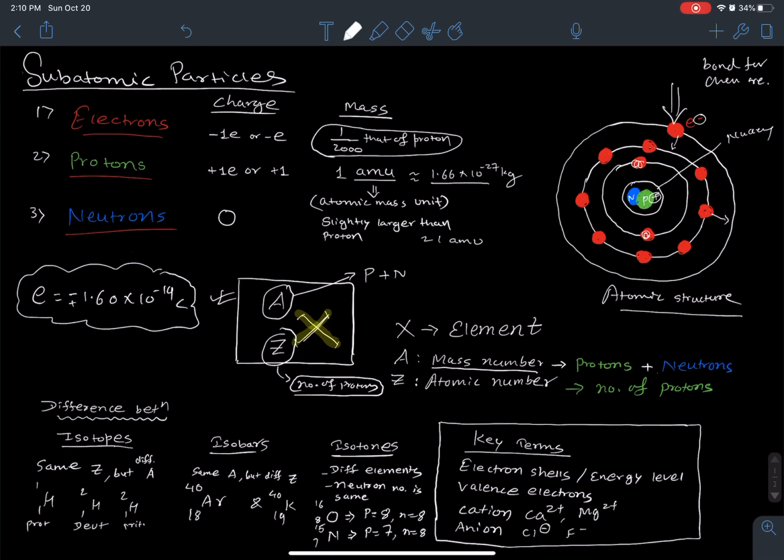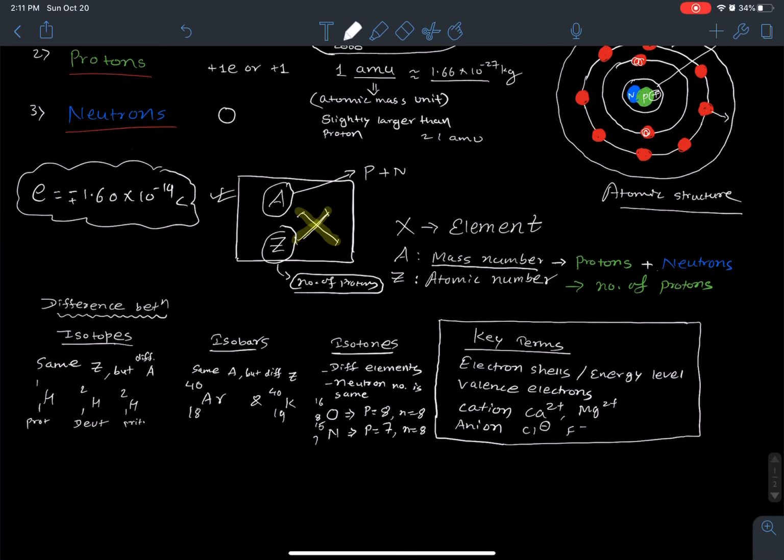Electrons, protons and neutrons are the subatomic particles. Electrons have a negative charge, protons have a positive charge, neutrons have no charge. Mass is not that important, but you need to know electrons have negligible mass.